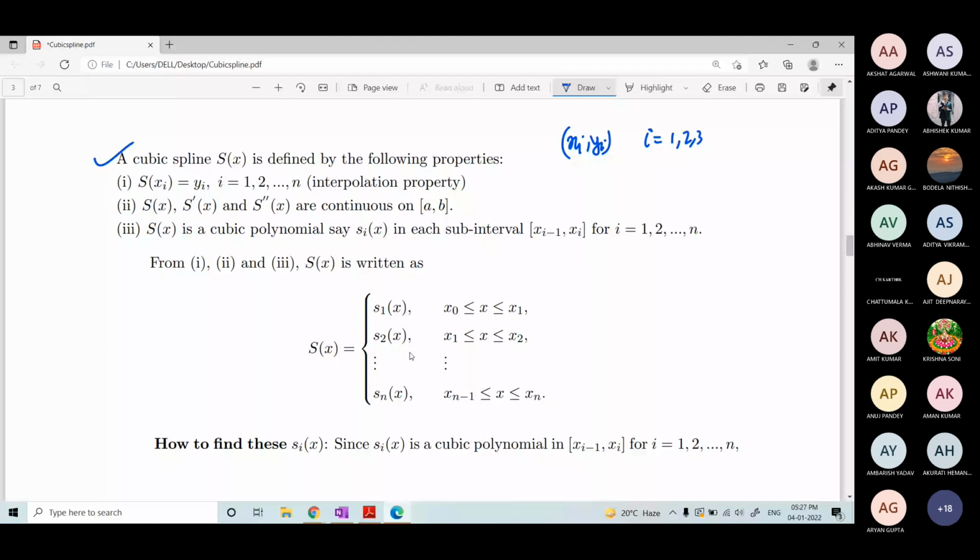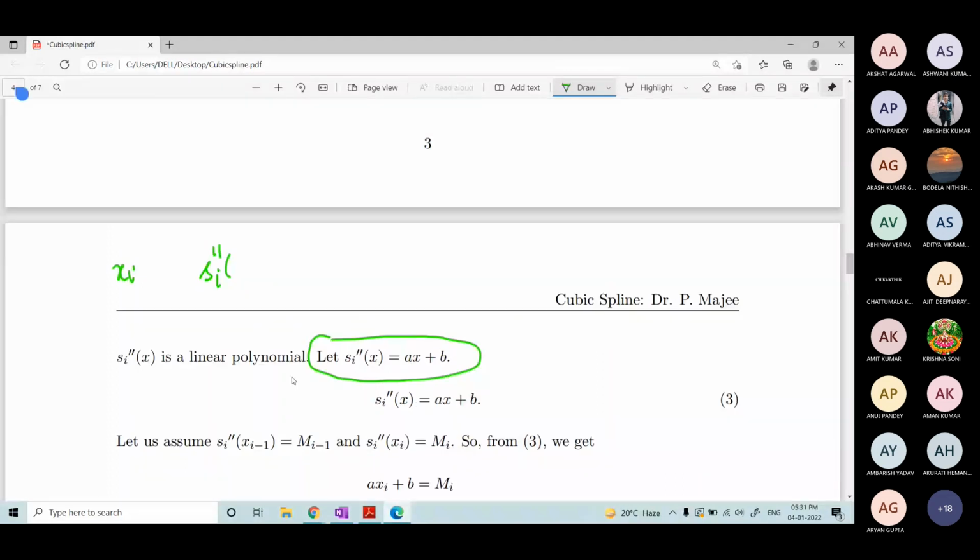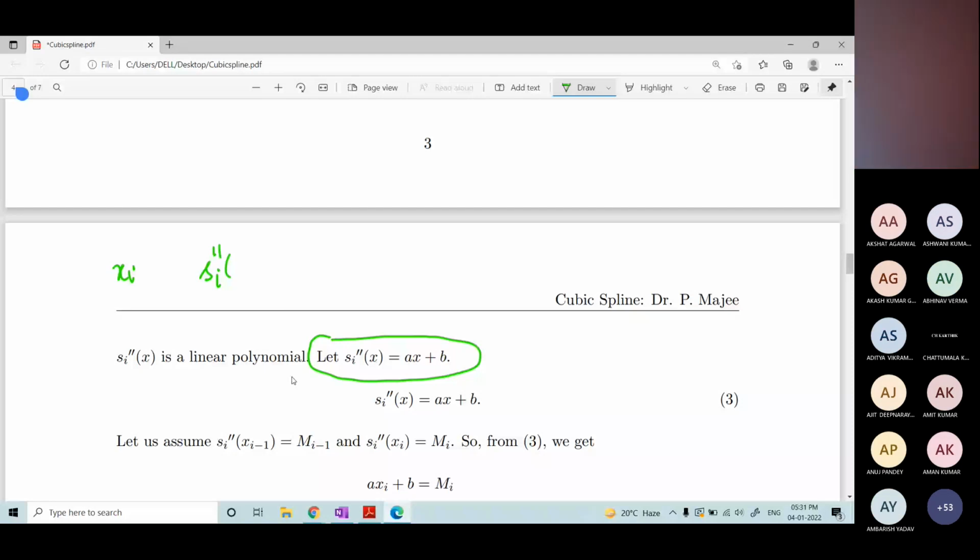Now at the input data points xi, suppose the double derivative values are given by mi. Si double dash at xi equals mi. This value mi is not given; I am assuming that at input data points, the double derivative of si is mi. Using this, we get two equations in two unknowns.